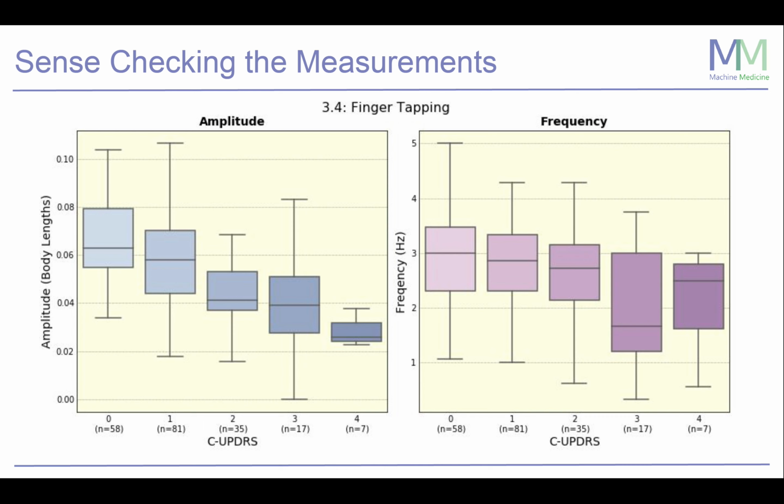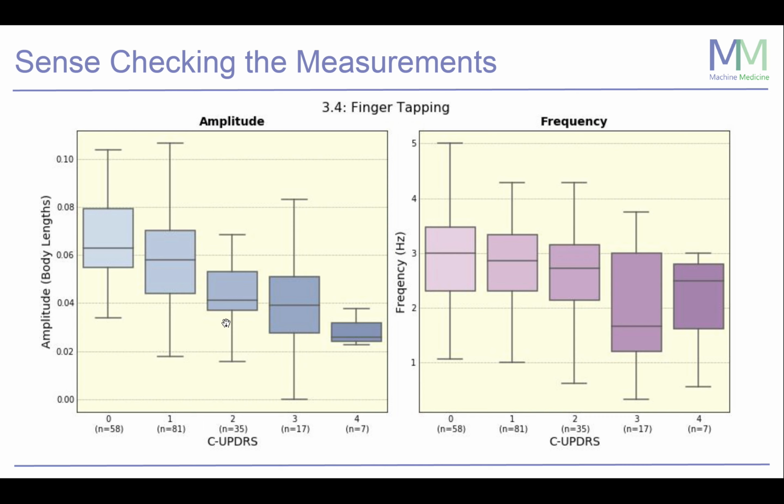So if we extract things like frequency and amplitude, which are, as we've mentioned, classic features of Parkinson's disease, in particular a reduction in frequency and a reduction in amplitude seen as disease severity increases, what we find is exactly what we would expect to find. Our metrics suggest that people who got a 0, so on the x-axis we've got people that were scored a 0 on the UPDRS for finger tapping, tend to have a larger amplitude than those people who score a 1.